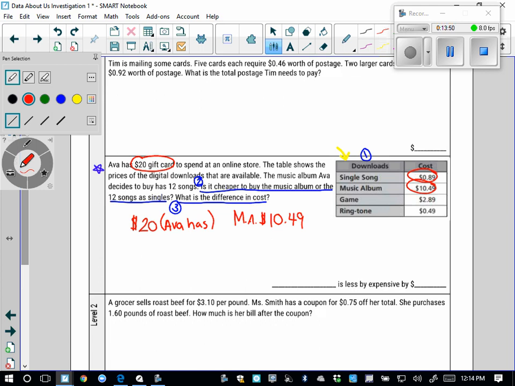Really, the work comes from, I should have circled that now that I'm thinking about it, the 12 songs is important. I need to take the 12 songs and think of the single song and multiply 12 times 0.89. 9 times 2 is 18. 9 times 1 is 9 plus 1 is 10.